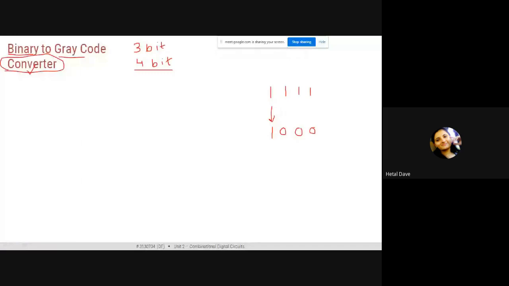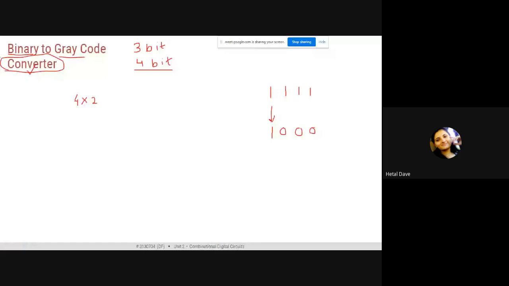Every time we need to decide the number of inputs and outputs. For an encoder or decoder, the name suggests it, let's say encoder 4 cross 2, so I can decide 4 inputs and 2 outputs. Some circuits allow us to decide the number of inputs and outputs from the title, but here we cannot decide the number of outputs from the title.